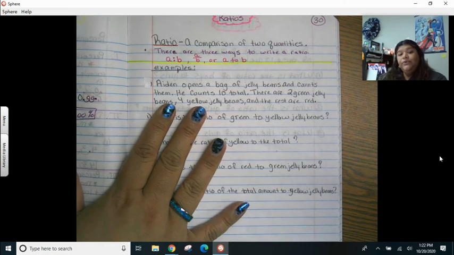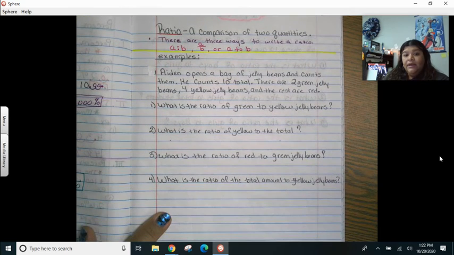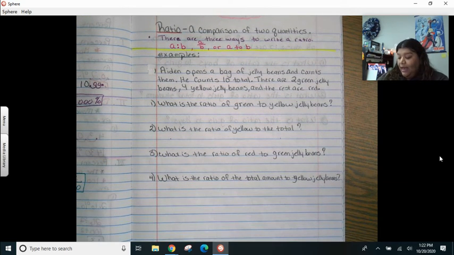So let's go ahead and do the first example together so you can see how to write them, how to answer the questions, all right? So the scenario is Aiden opens a bag of jelly beans and counts them. He counts 10 total. There are 2 green jelly beans, 4 yellow jelly beans, and the rest are red, okay?